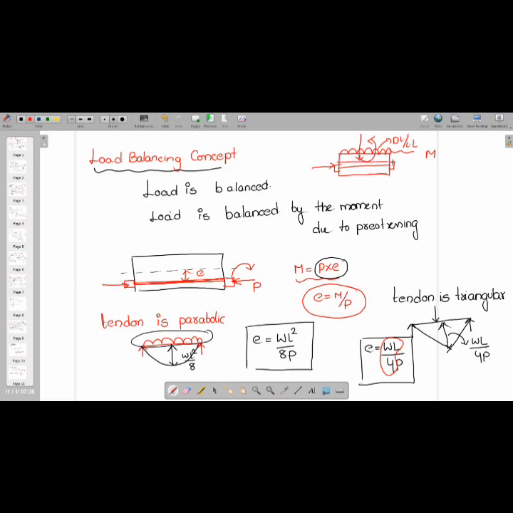If I consider this as the neutral axis, this will be load into eccentricity. Whatever the load into eccentricity is should be equal to the moment. So this is the moment due to the load, and this is the moment due to pre-stressing force. When both are equal, that is called the load balancing concept. Clear, students? Rohit, is this clear?